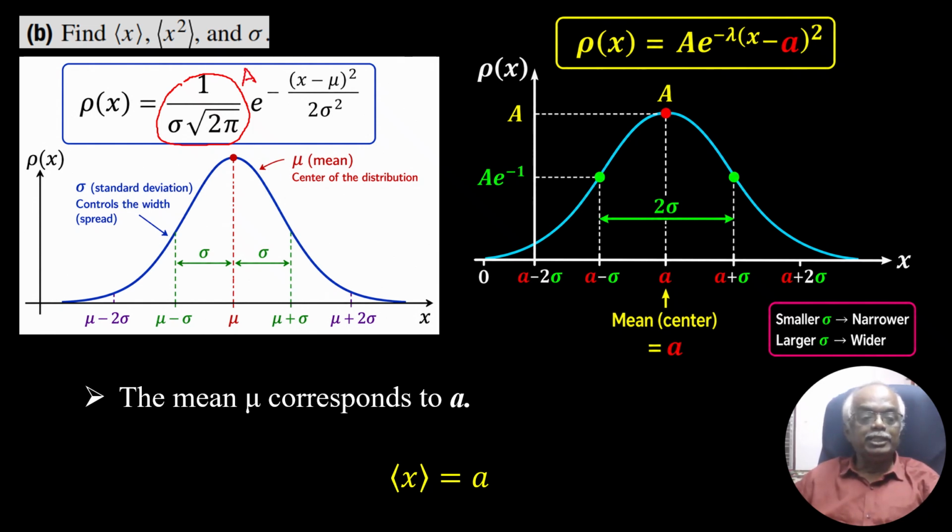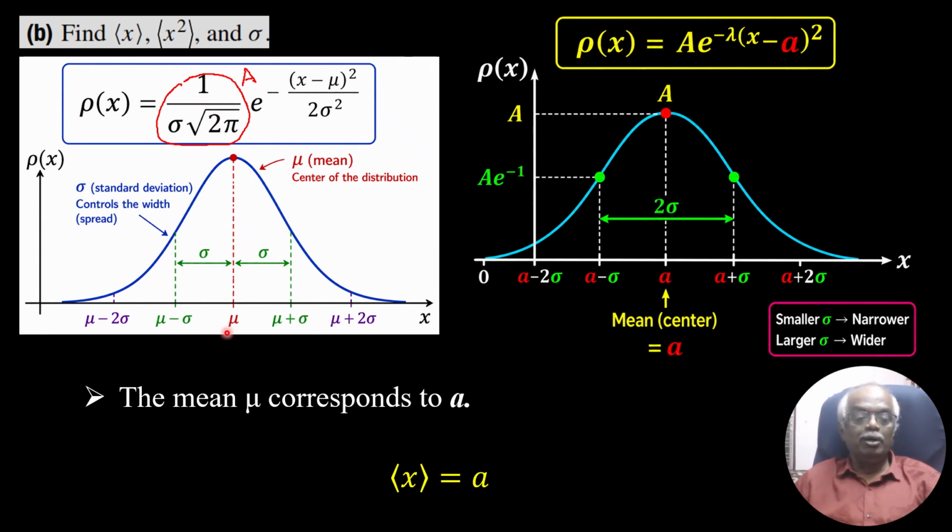So, mu is the mean value. This is the center of the distribution. So this wave function is distributed equally on both the left side and the right side. Here, sigma is the standard deviation, on both sides, left side sigma, right side sigma.